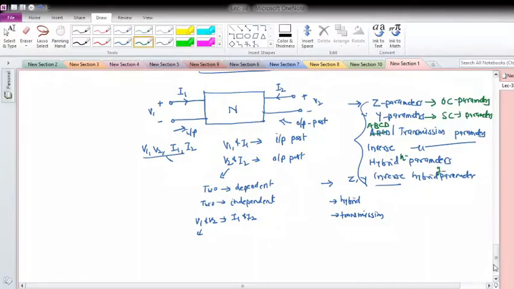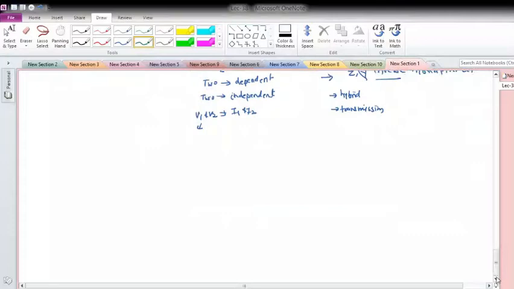So now let us see each parameter one by one. First we will see the open circuit parameter. Basically in the open circuit parameter, let me define what the dependent and independent variables are.